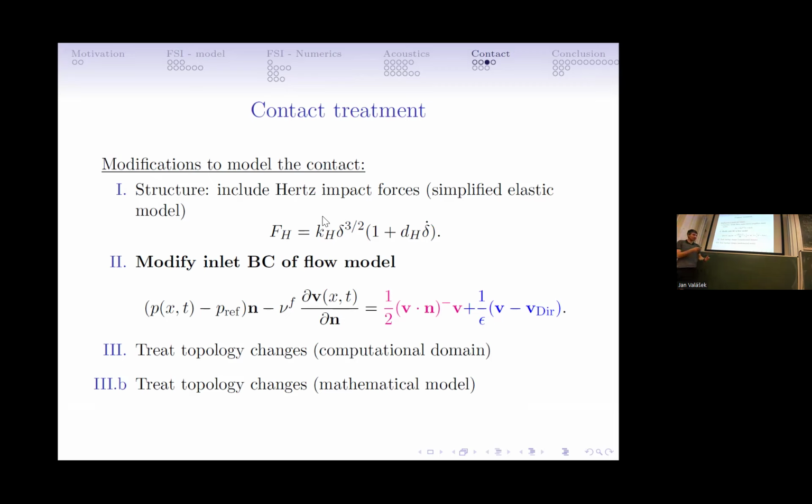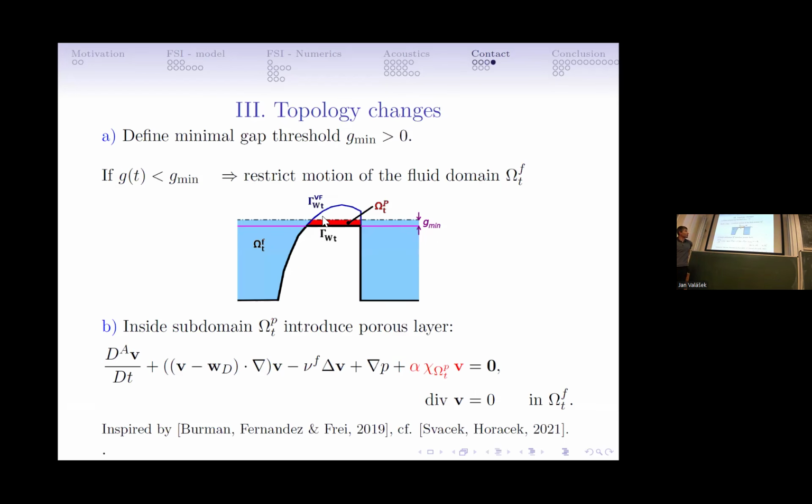Based on this penalization parameter, we are able to control the maximal pressure during our computation, especially when the channel is closed. But in the end, we also need to deal with the topological change, and in this case we decide to define some minimal gap which has to remain all the time in the computation in this domain.